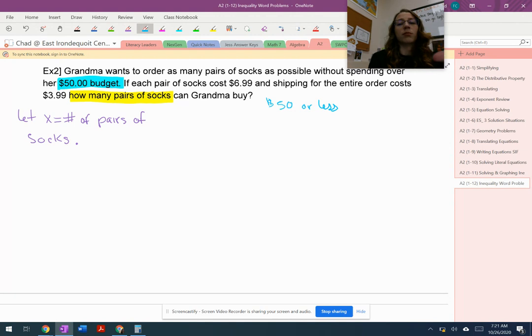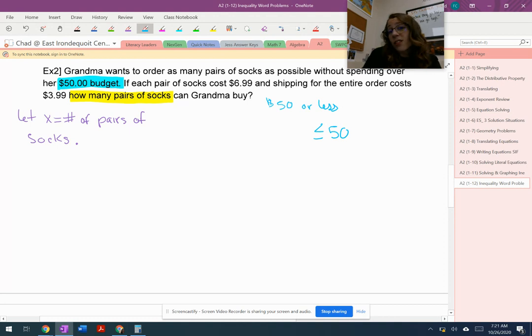So, put my hands up, less than or equal to $50. She needs to spend $50 or under because she doesn't have that much. And let's be honest, the website isn't going to allow her to make a purchase that's over what she has.